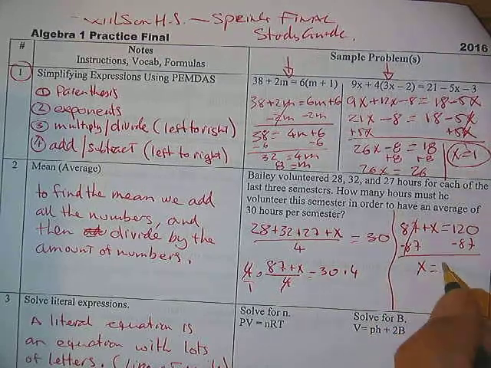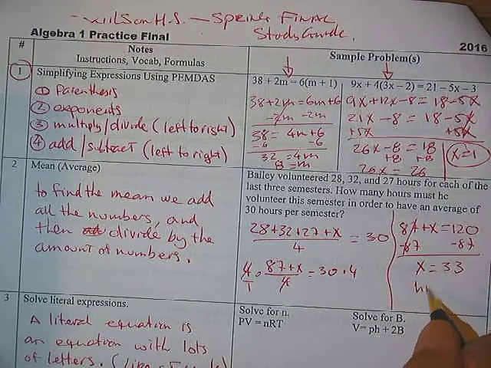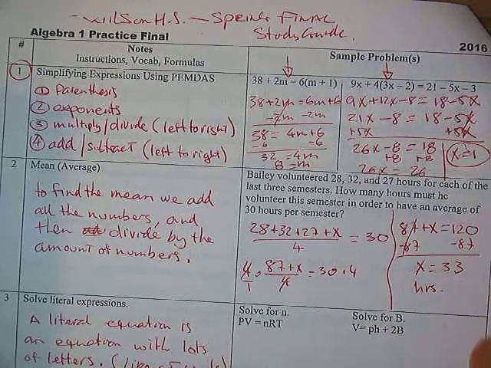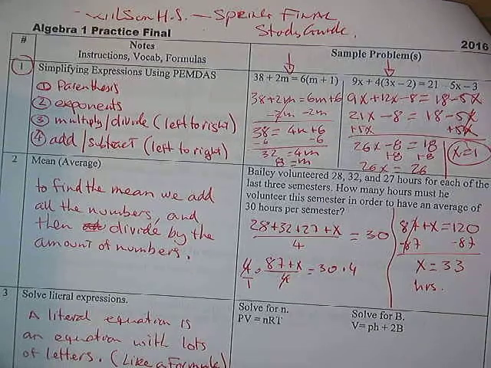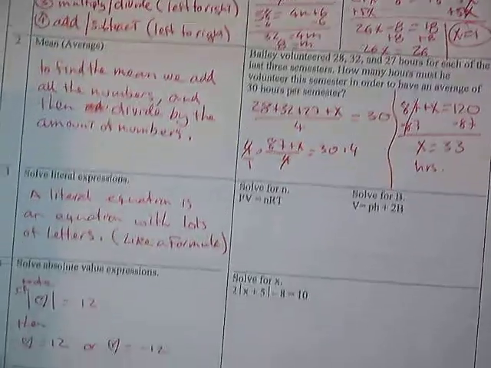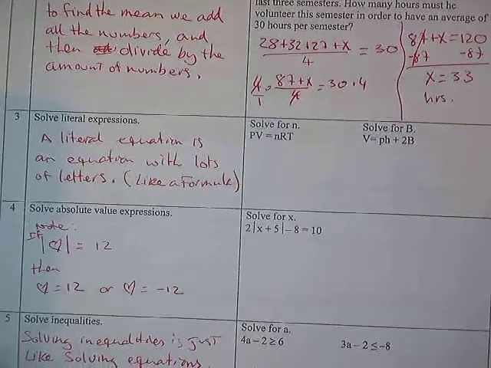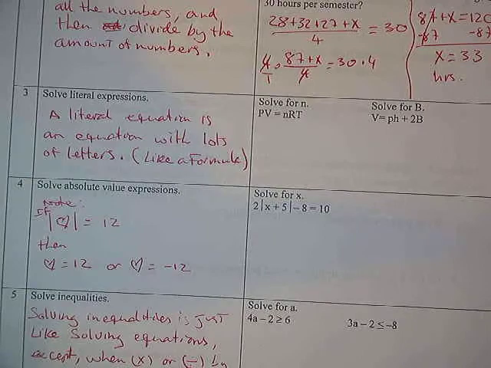So minus 87 here and here. So that leaves x, and x is 33. So 33 hours in the 4th semester, and Bailey will have an average of 30 hours per semester. A very nice thing. Alright, let's move on to number 3.